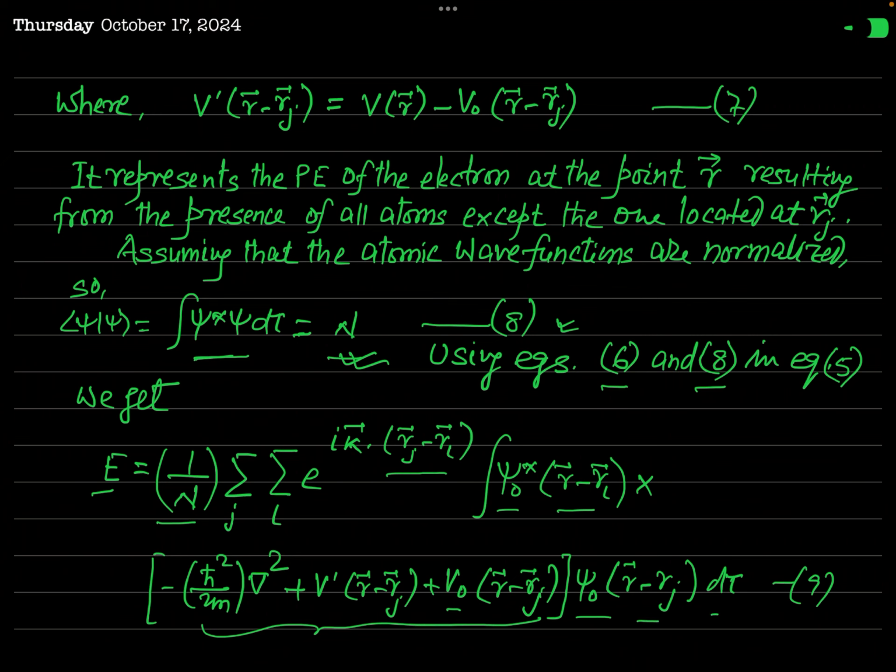This 1 over n has been written for the denominator.